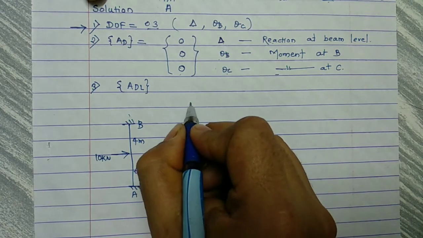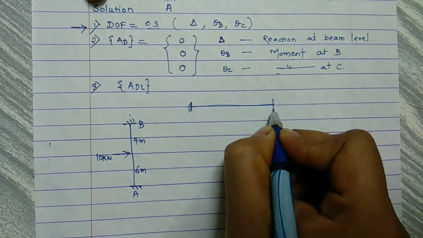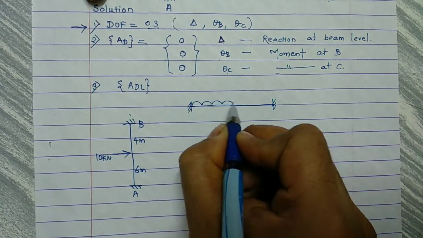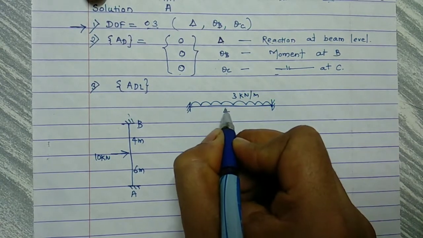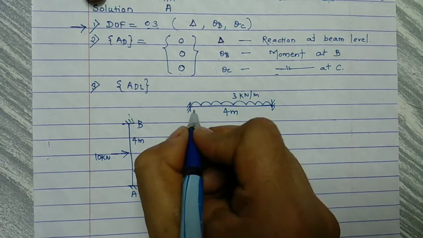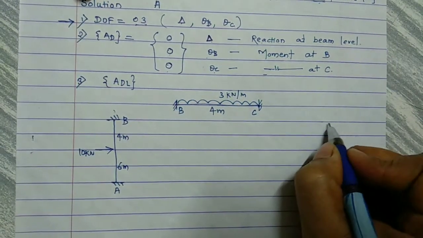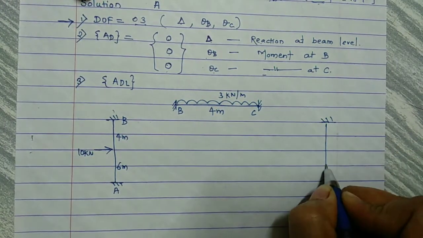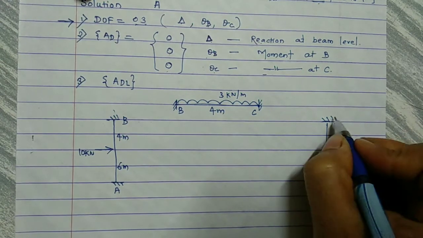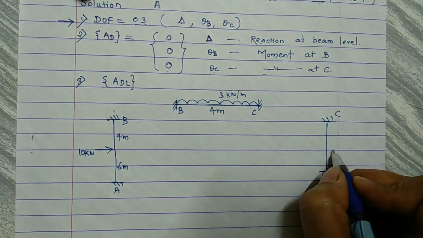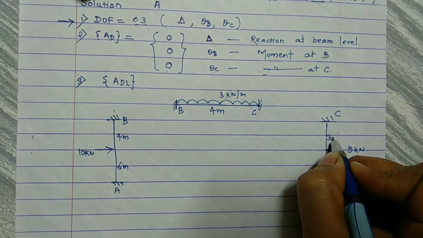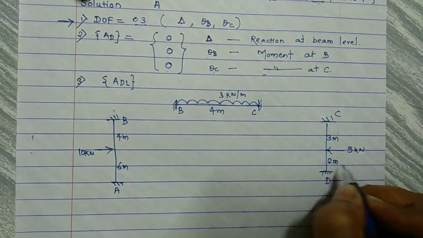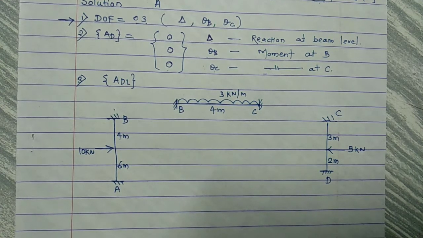Similarly, the second member BC is subjected to UDL 3 kilonewton per meter, length 4 meter. And the third member CD is subjected to a point load 5 kilonewton, lengths are mentioned in the figure.